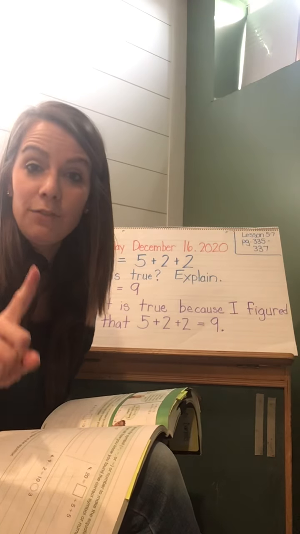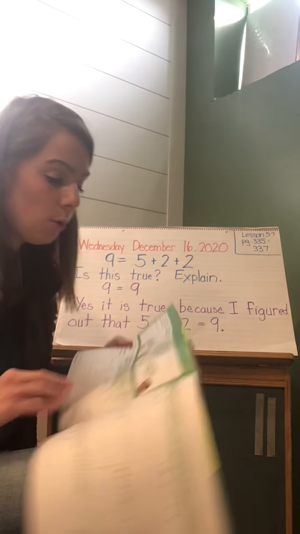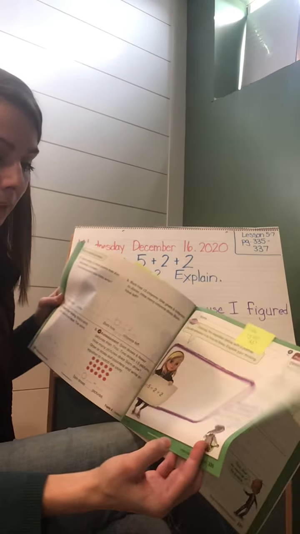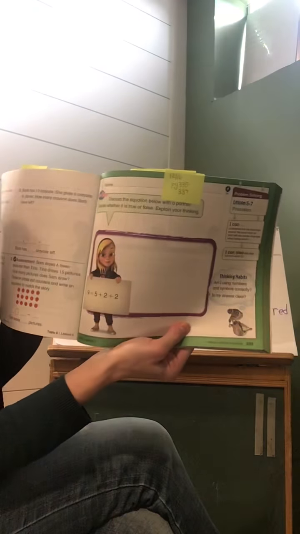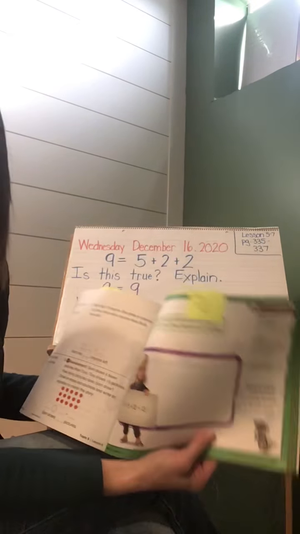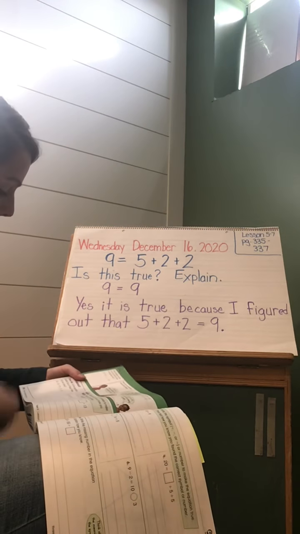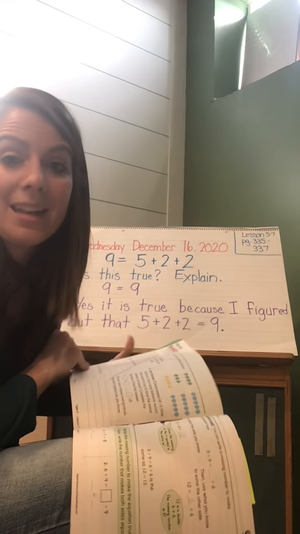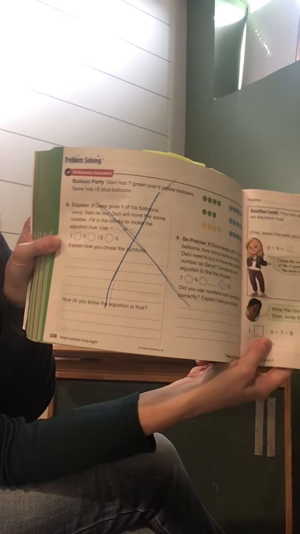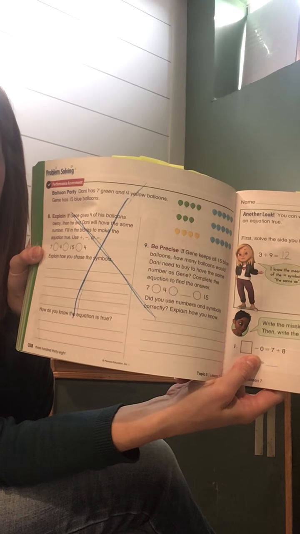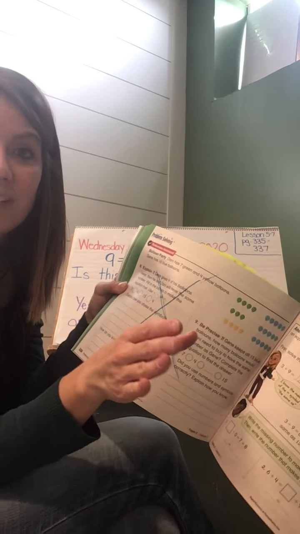Now, I'm going to give you a break today. You only need to do page 335, which is just what I did up here, 336 and 337. Do not do page 338, okay? You can put an X on your book. You get that off today.